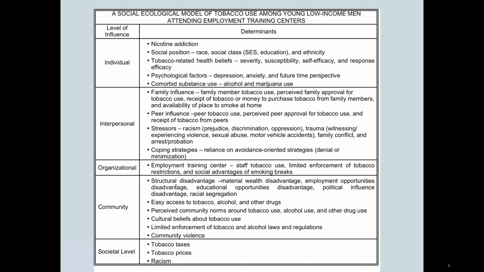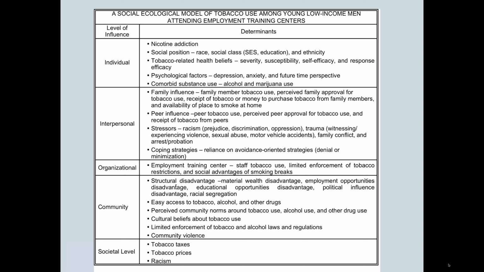And on the right side of the table is a listing of the types of determinants at each of those levels. So at the individual level, we're looking at nicotine addiction, social position, tobacco-related health beliefs, psychological factors such as depression, anxiety, and future time perspective, and then comorbid substance abuse, particularly alcohol and marijuana use. Those are all occurring at the individual level of influence.